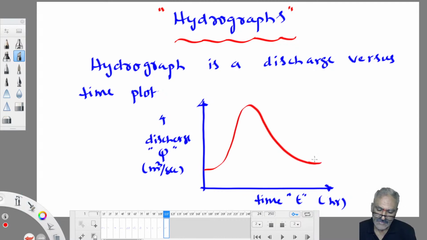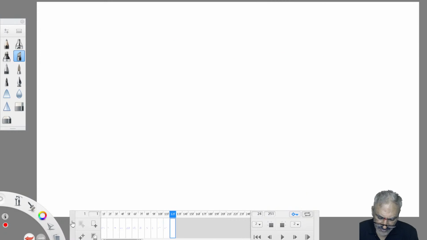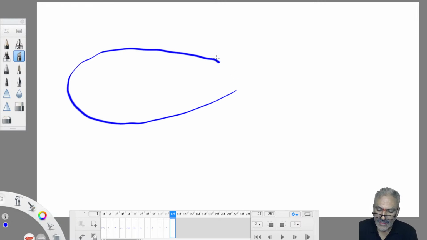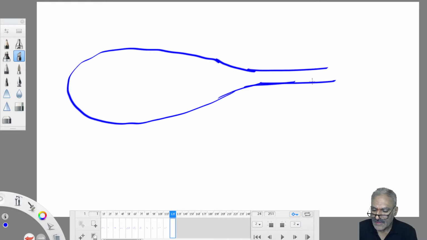Everything here is related to a storm. So I am saying that it is a discharge versus time plot. What is a discharge? Stream discharge. Whenever rain occurs in a catchment, catchments are very big. This catchment finally converges into a stream or a river or something like that.